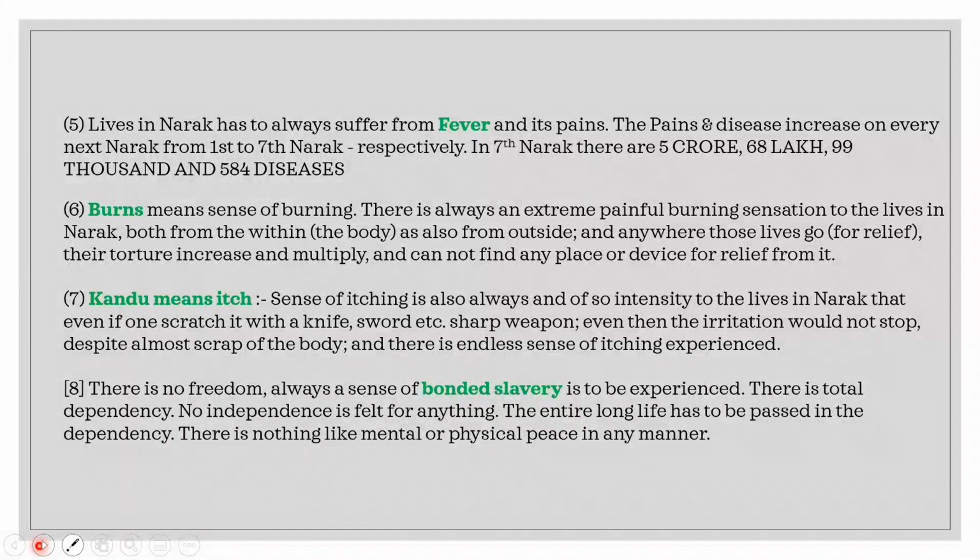In Shastra it says in the seventh Narak, the Jeev of Narkis have 5 crore 68 lakh 99,584 diseases. So the Jeev of the seventh Narak is constantly under the pain of fever and diseases.